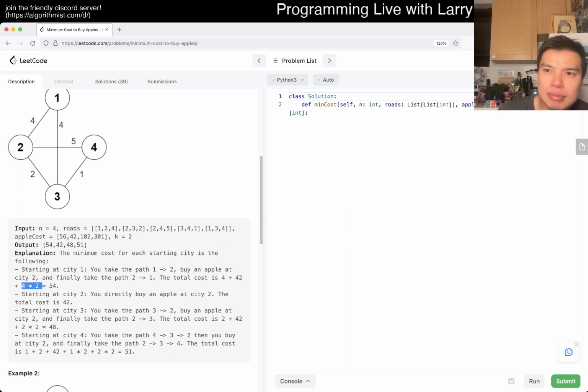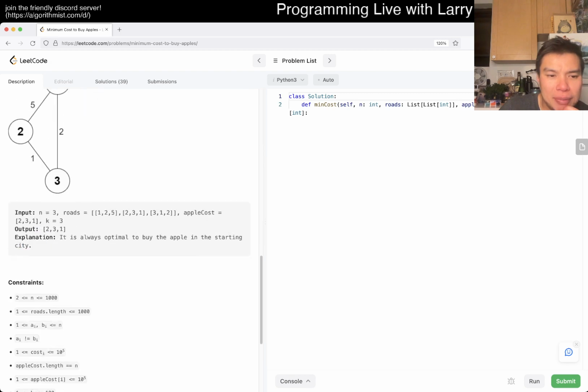Yeah, I think it's just a little bit weird. Let me take a look at the constraints.